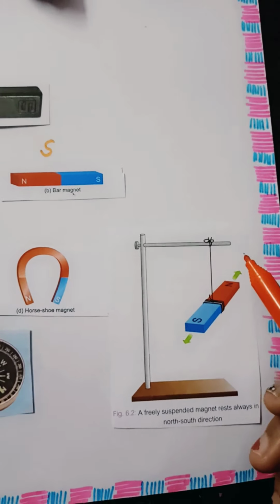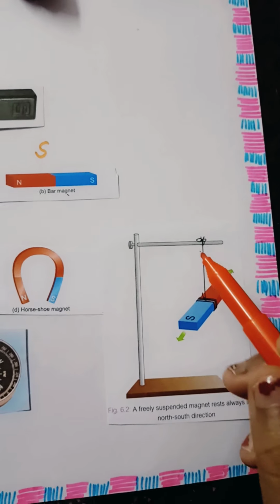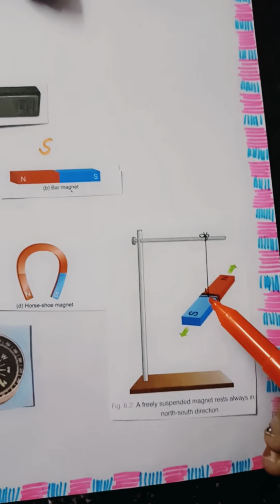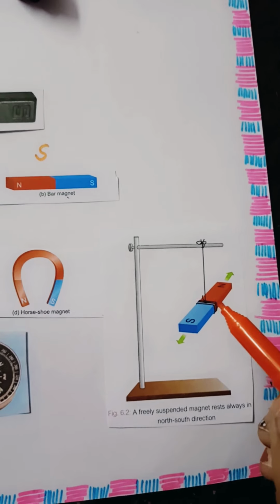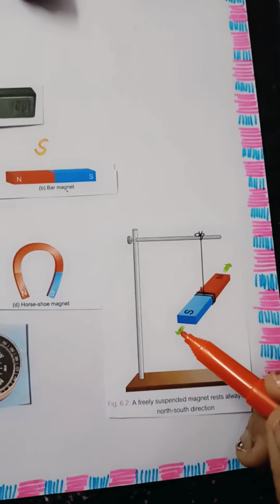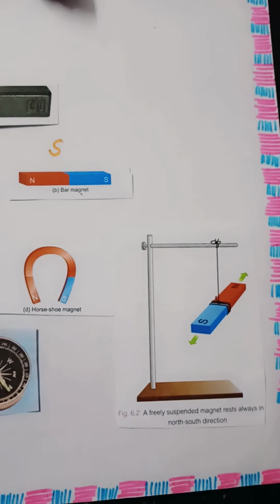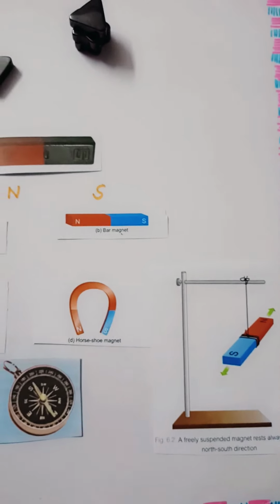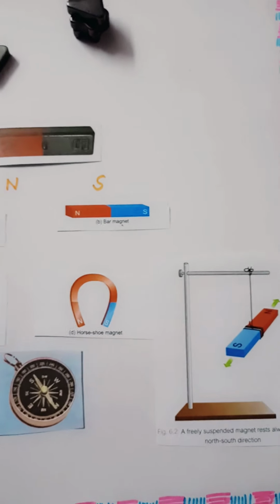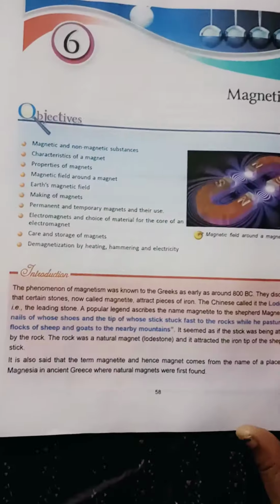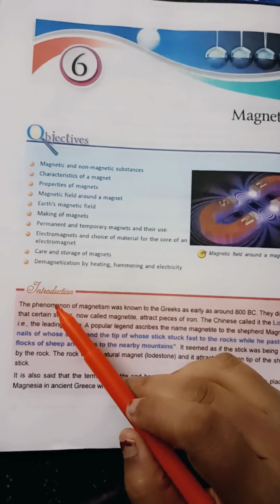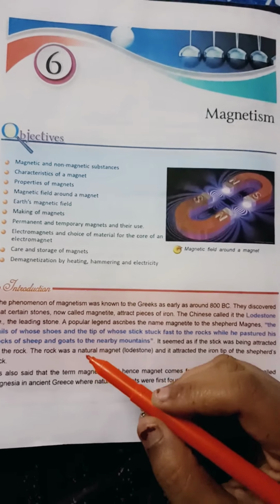So it shows that when a magnet is resting in a freely suspended position, it will always rest in the north-south direction. Now we will get back to our book and read about it, the introduction part.